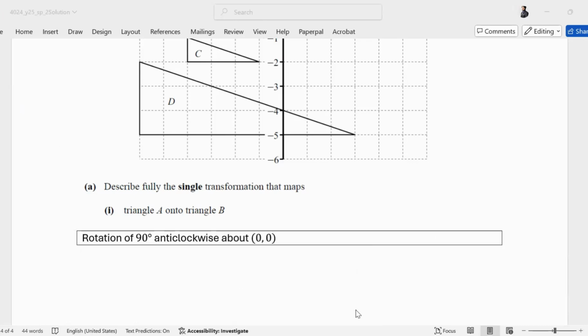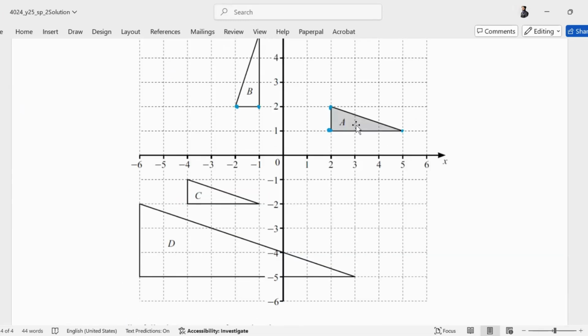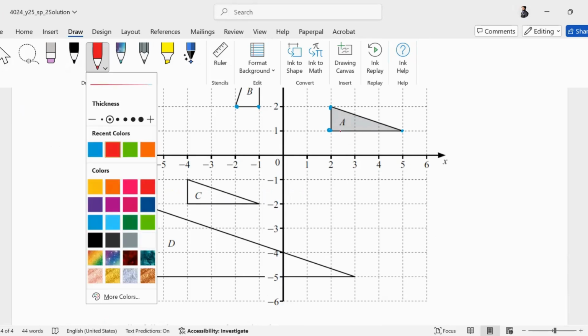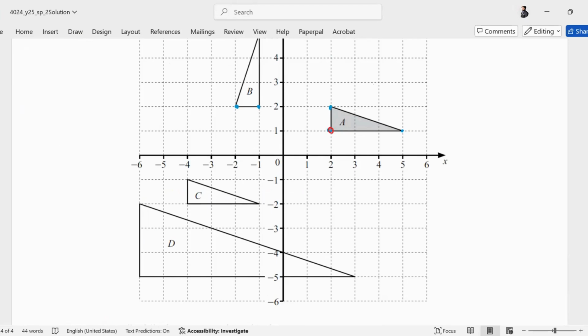Moving on to the second part, it says triangle A onto triangle C, A onto C. Now it is just translation. You can pick any point and try to understand it through vectors, how did A come to C. If I take this point and I see how much am I moving in the x direction, 1, 2, 3, 4, 5, and 6.